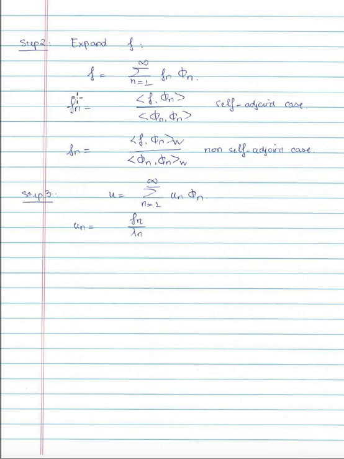The coefficient fn can be computed by taking the inner product of f and phi n, dividing by the inner product of phi n and phi n.